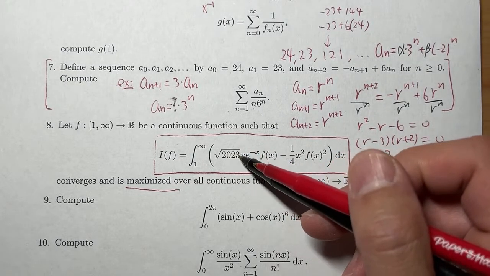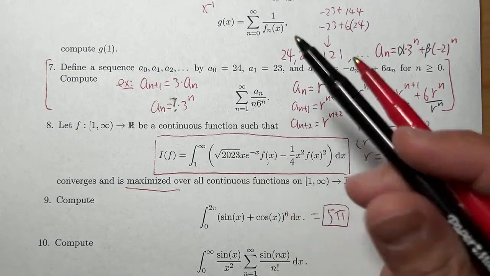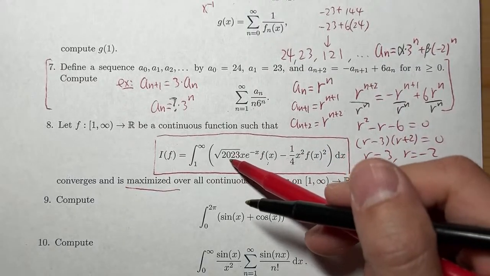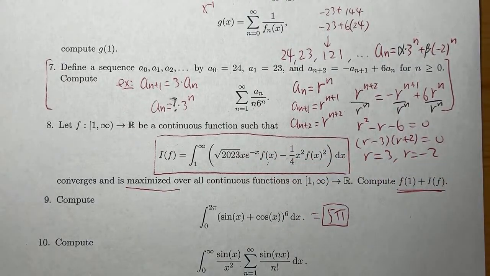Okay, square root of 2023, it's just a distracting number, I think. It's just a number because they wanted to put it there, I think. Break the integral into 2.